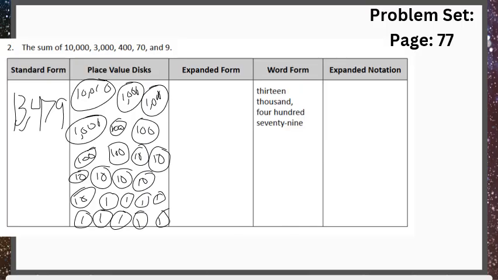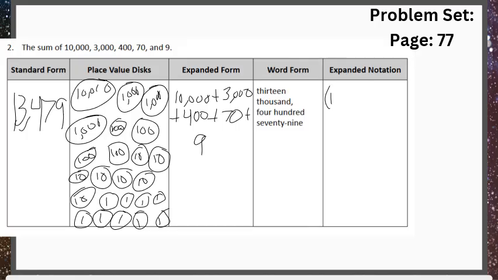Good. Now for expanded form. We have 10,000 plus 3,000 plus 400 plus 70 plus 9. Good. Now let's write it in expanded notation.